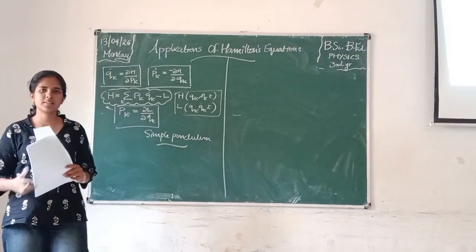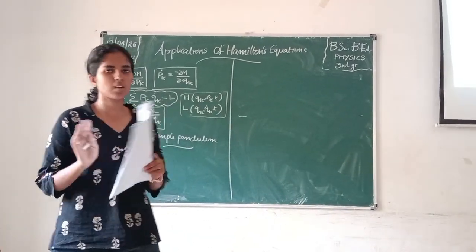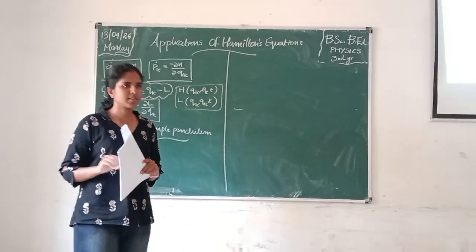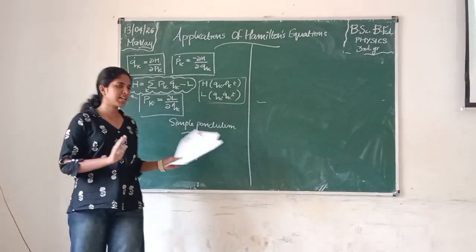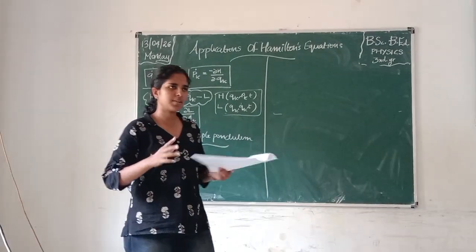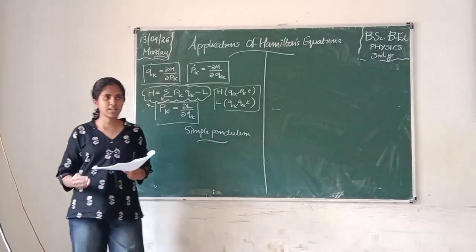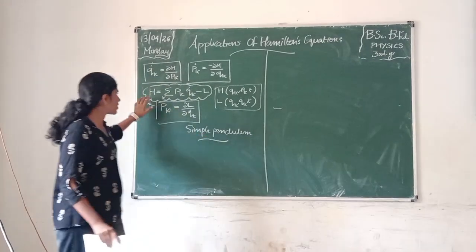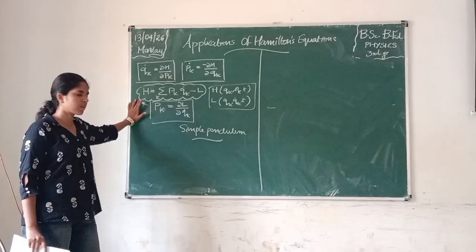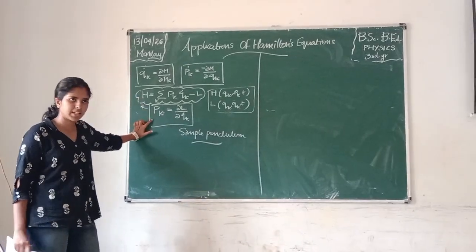For every application, there is a common step. First, what we want to find is the Lagrangian. For the simple pendulum Lagrangian, we already know how to find it. The second step is to find the Hamiltonian using this equation, for which first we want to find p.